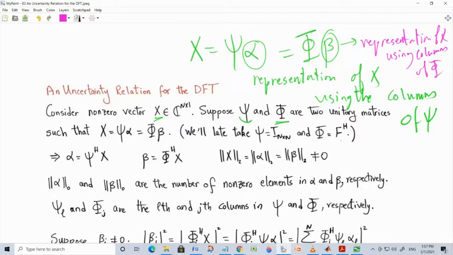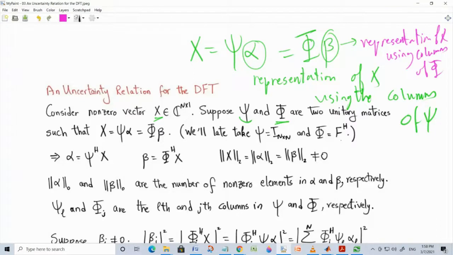And so alpha and beta, one of them will be the time domain and one of them will be the frequency domain. Again, the objective of this page is to tell you that you cannot be sparse in both domains at the same time. It's a non-trivial idea, okay? But it needs to be demonstrated.